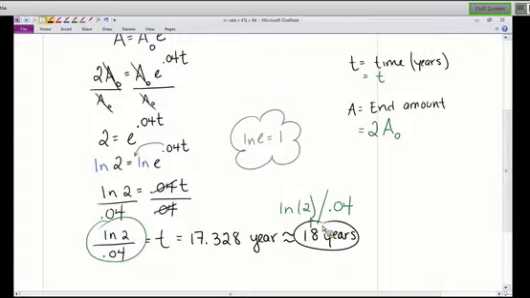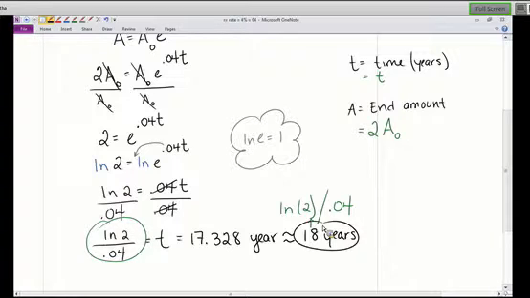Okay, so the reason that we're rounding up is because you're not getting the exact value here. The solution that you get when you substitute into the calculator is 17.328. Now, 0.328 could represent anything. That could represent days, hours, or months. You don't know. So just to be safe, you want to round it up to 18 years. If you round it down, then you're not going to have the total double amount that you started off with.